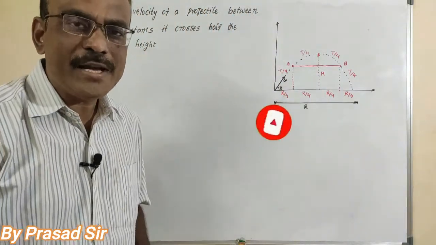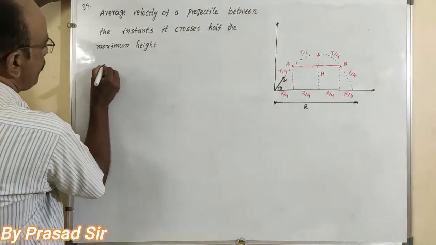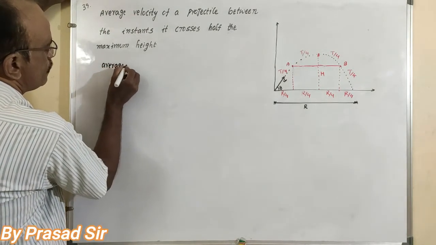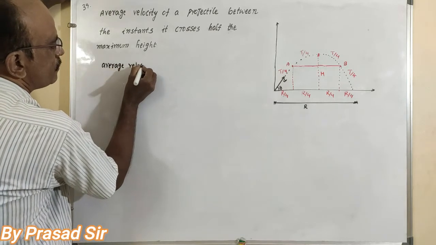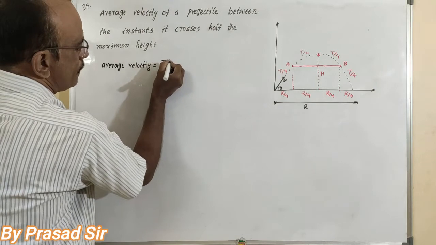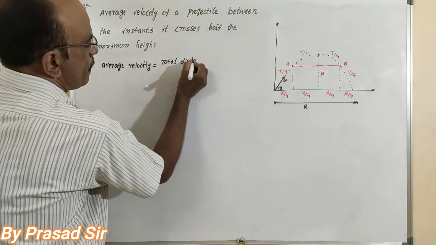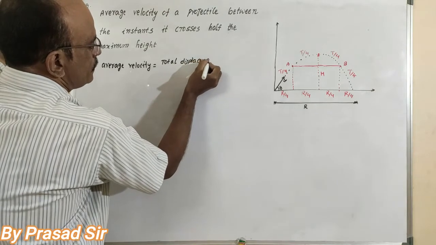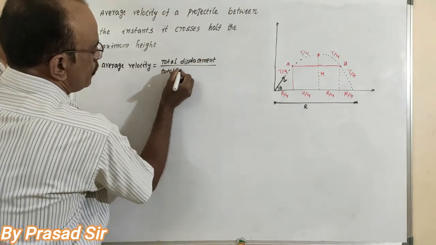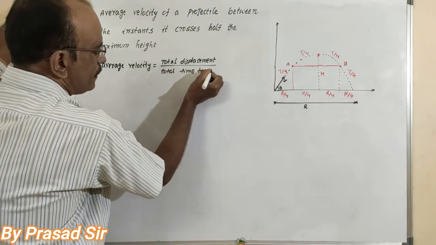So which one do we want to calculate here? Average velocity. Average velocity is equal to total displacement divided by total time taken.